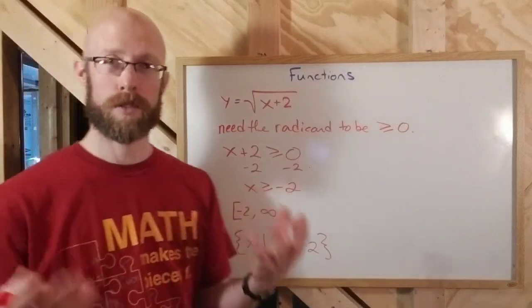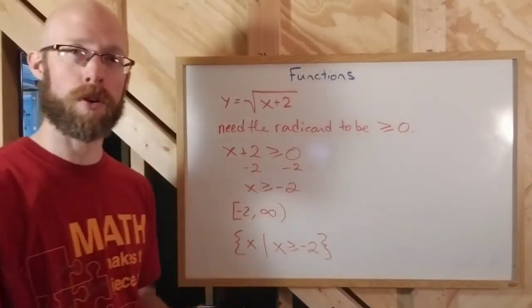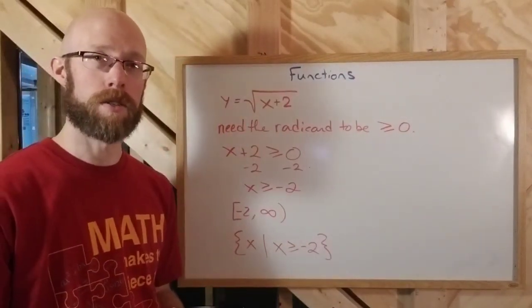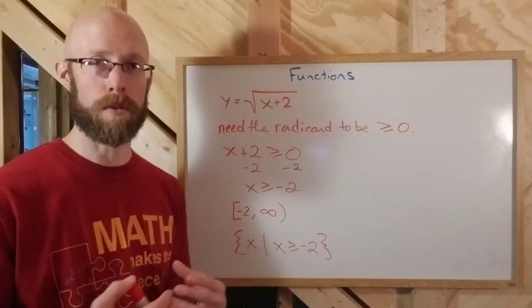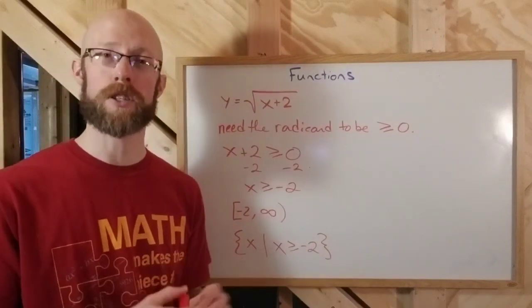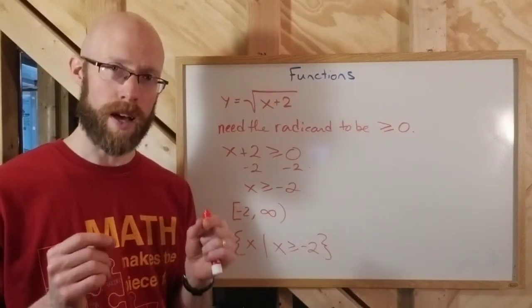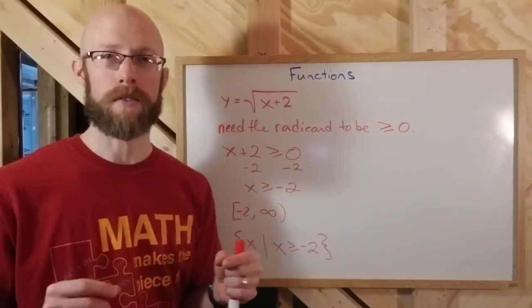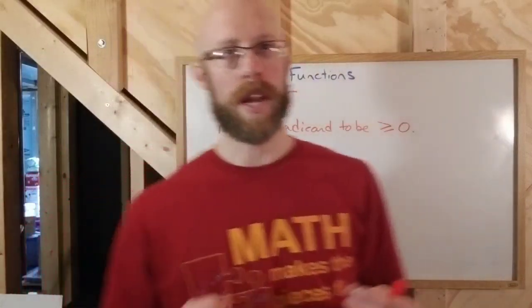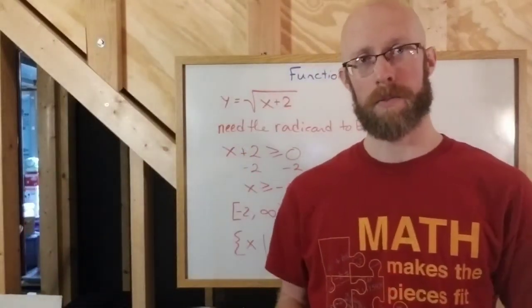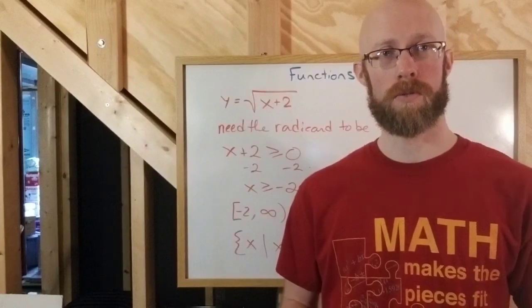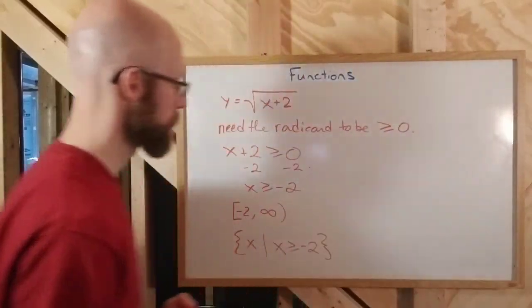So just be aware of that as we move through the course. The techniques for finding a domain might change based upon the function, but the concept is this: you want to exclude any numbers that make for an undefined or non-real value. Okay, you exclude those things.